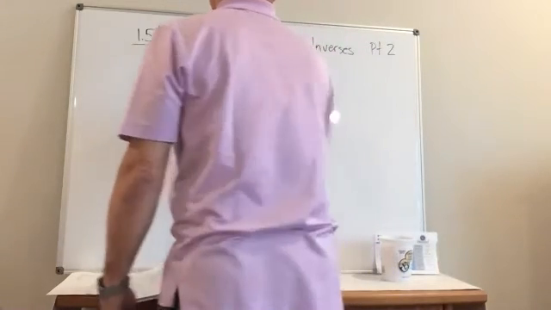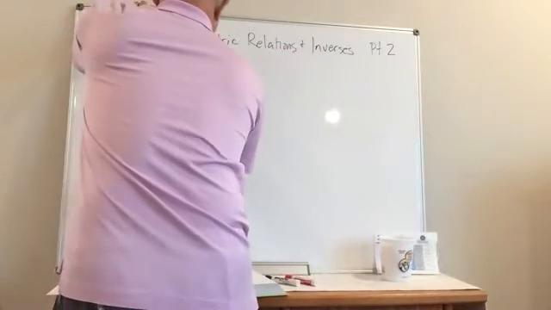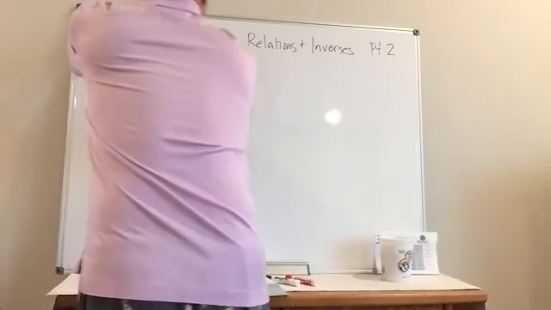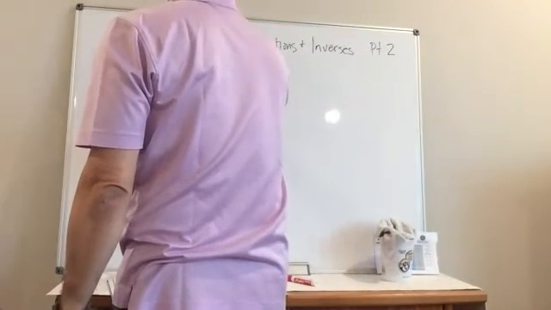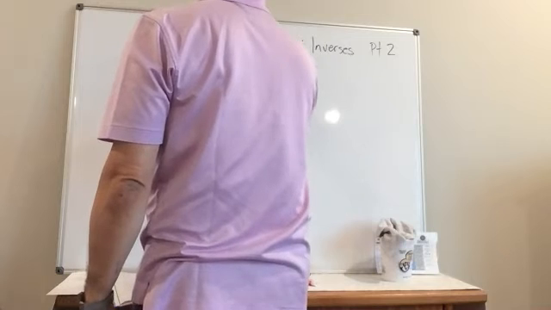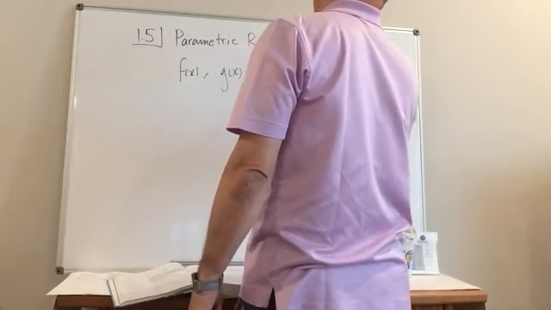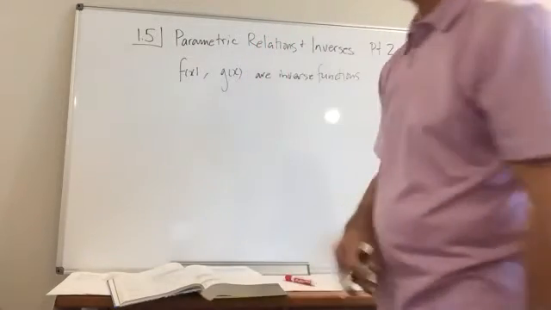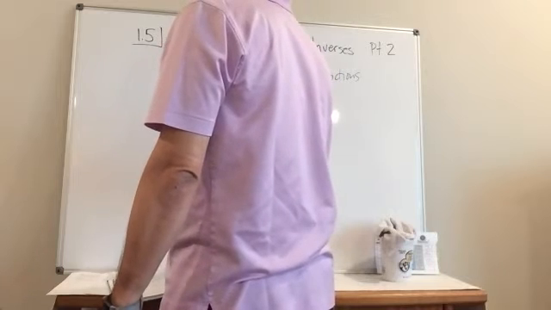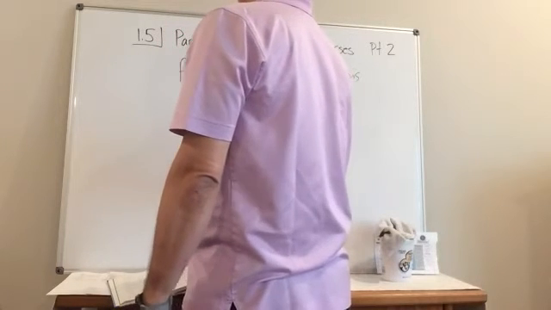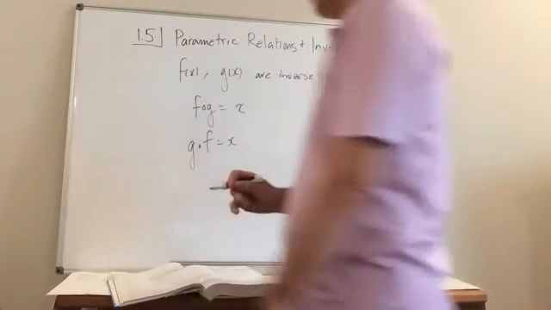What that's really stating is that if functions f of x and g of x are inverse functions, then the composite functions f dot g is going to be x and g dot f is going to be x also.